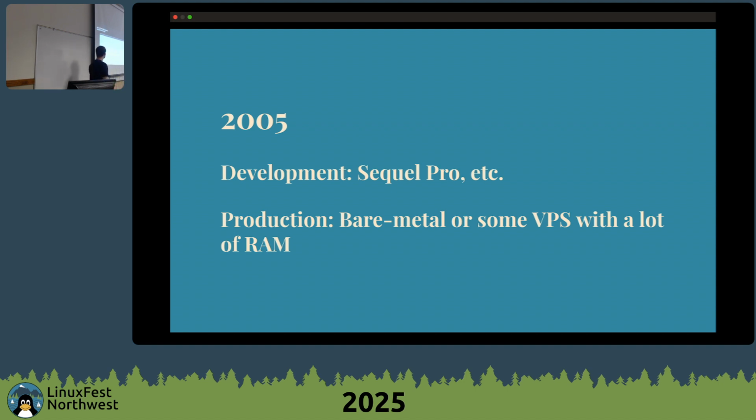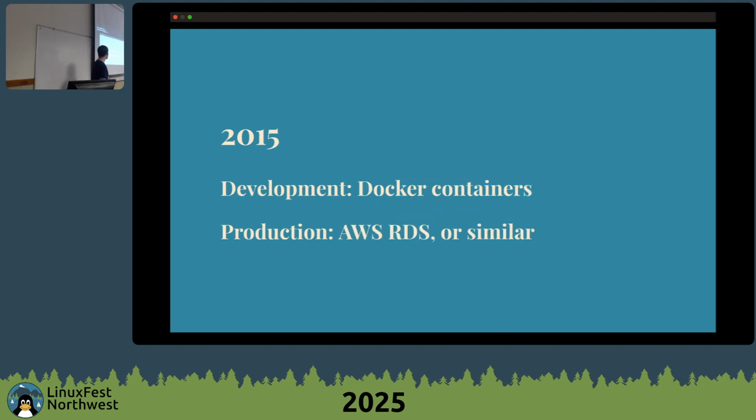And then in production, of course, either we were running bare metal, if we were that type of organization, or there was some pet VPC, a snowflake server, that we guarded very, very carefully and gave as much memory as we could afford. And that was how we made our queries faster. It worked pretty well back then, right?